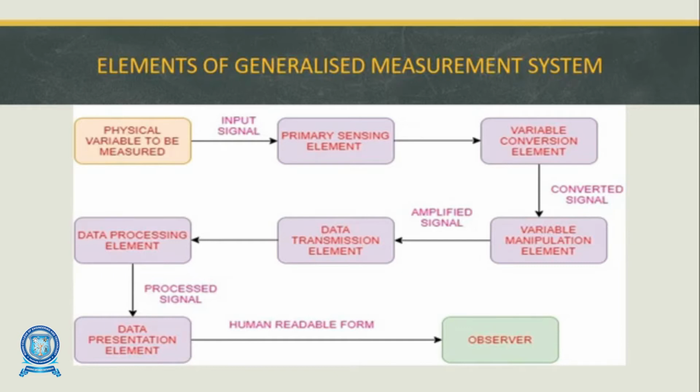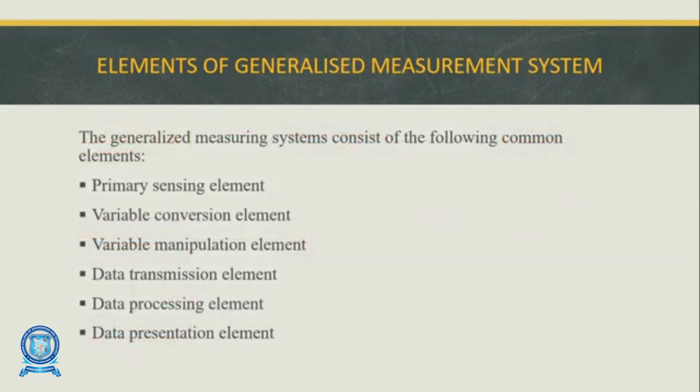Here in generalized measurement system there are 6 elements. One is primary sensing element.